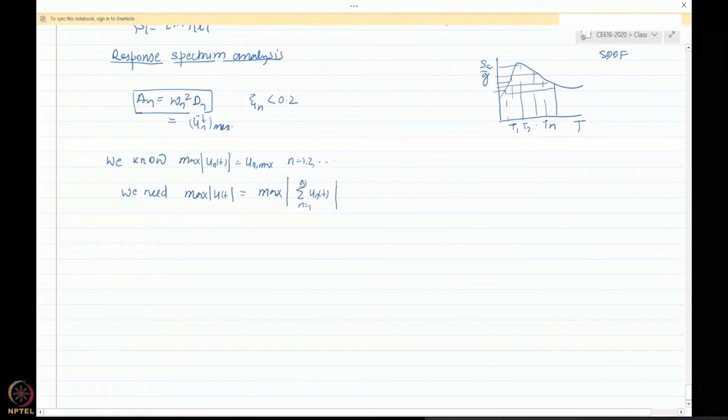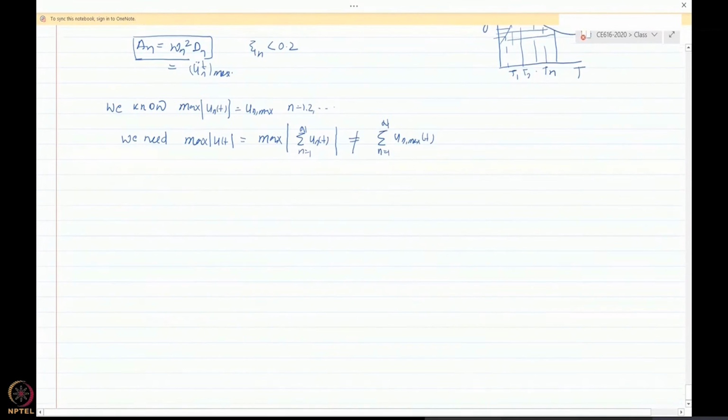This is what I need. And as I said in the last class, this might not be equal to the summation of maximum un max of individual modes, because maximum response might occur at different points of time. So then what do we do?